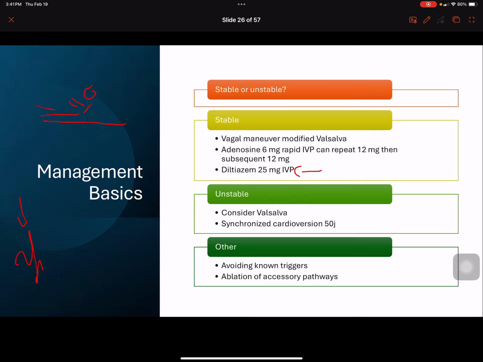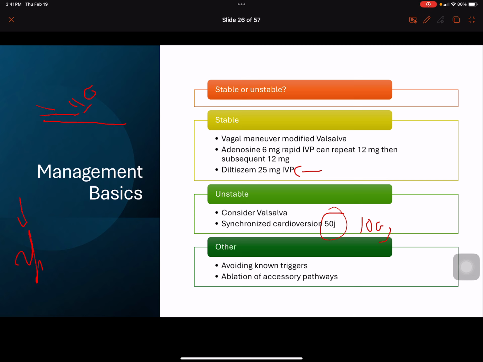Torsades is a polymorphic VTAC. The only time we don't push the sync button on the monitor is in those 2 indications. But for this case, we're going to do a synchronized cardioversion, and for narrow complex rhythms, we use 50 joules on the monitor, and for wide complex rhythms, we're going to go right to 100 joules.